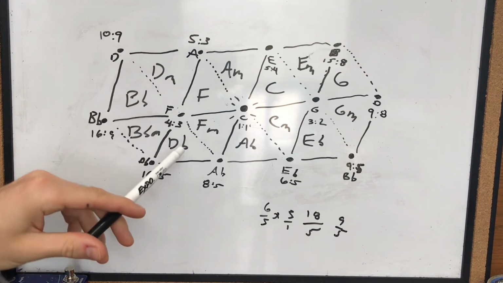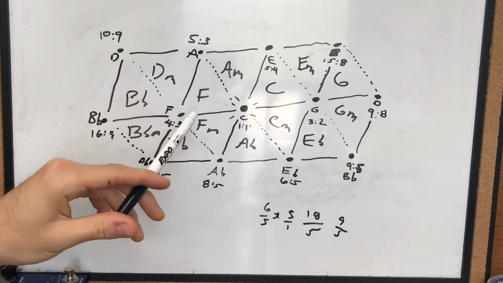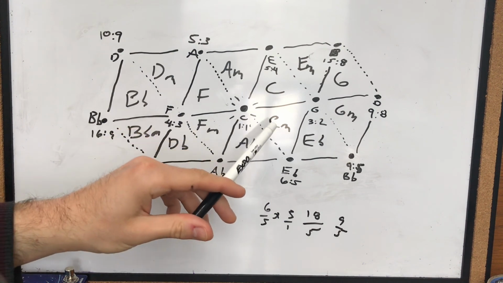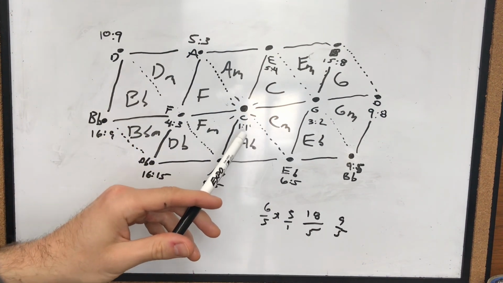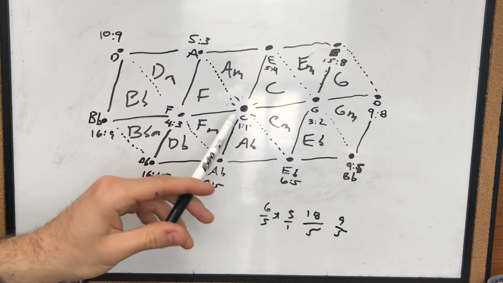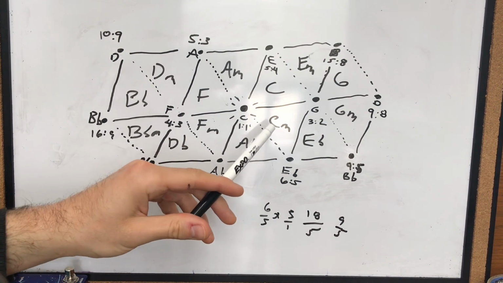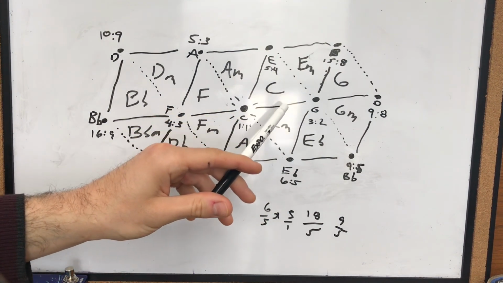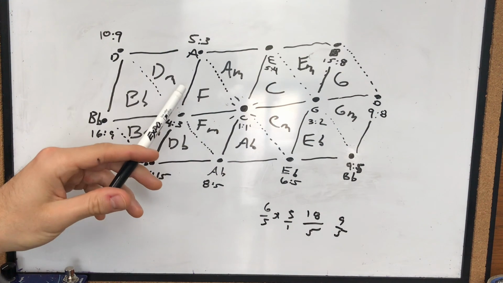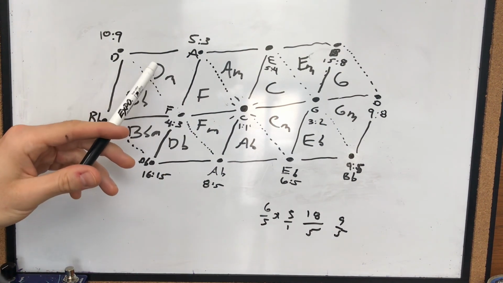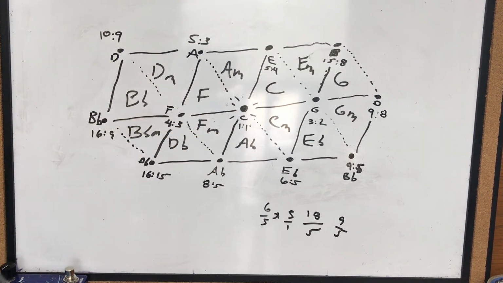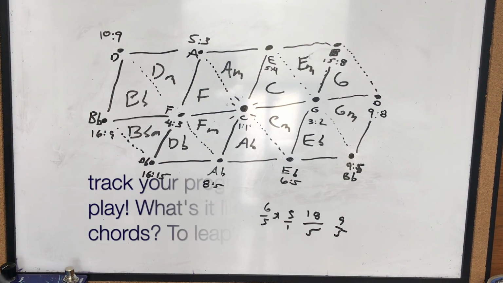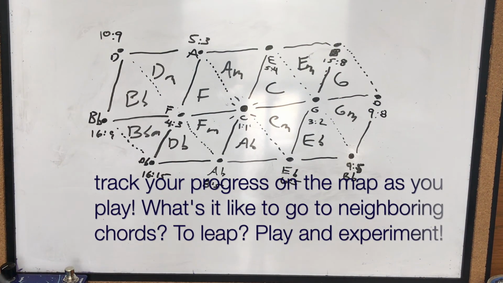D flat, F minor, C minor, A flat, C minor, E flat, C major, G, C, F, B flat, D minor, A minor, C. Okay, so take a look at this and try moving around through it and knowing where you are, okay? Know where you are and try and build some of your own, right?